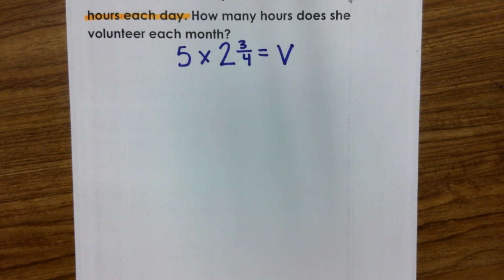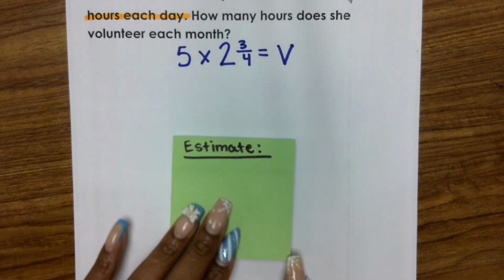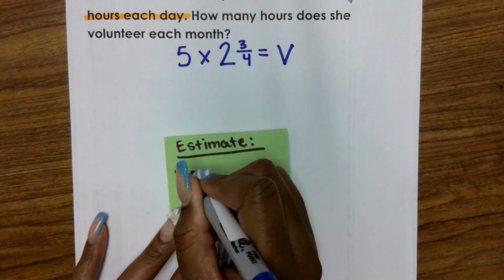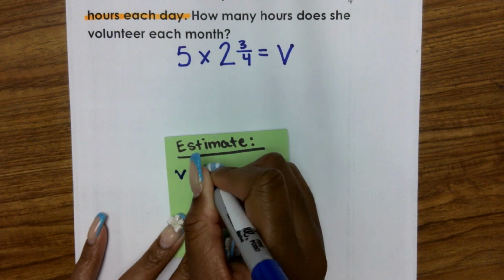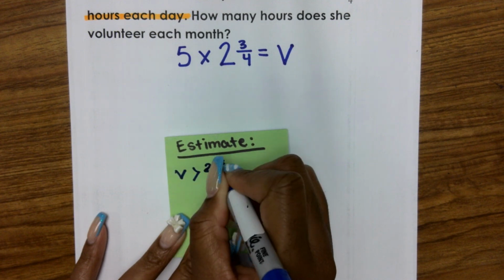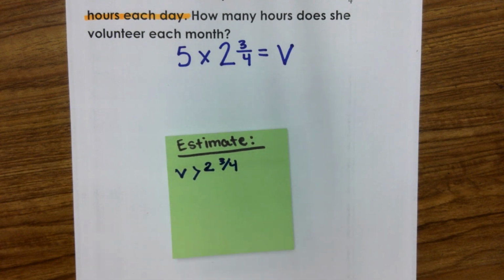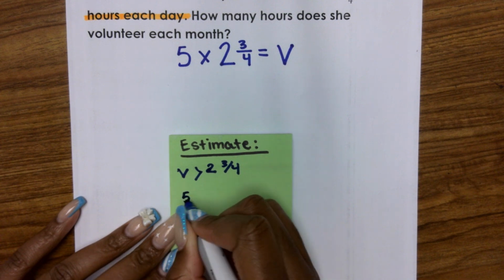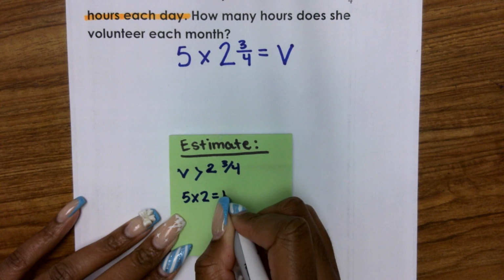Some things we need to think about. We already know we need to create our estimate. I know that she's volunteering for more than 2 3/4 hours, so her answer has to be greater than 2 3/4 hours. If I just multiply 5 times 2, that gives me 10.